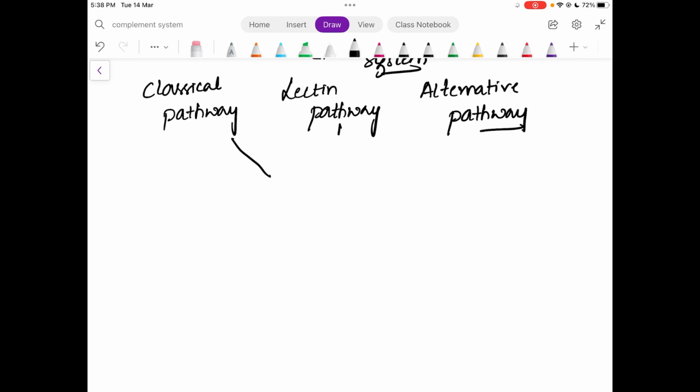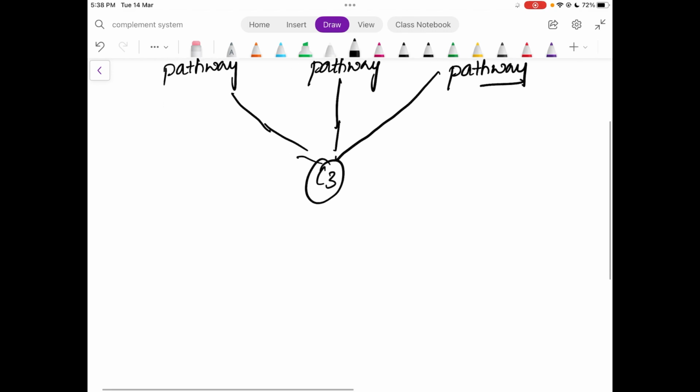All these three pathways will converge at C3.